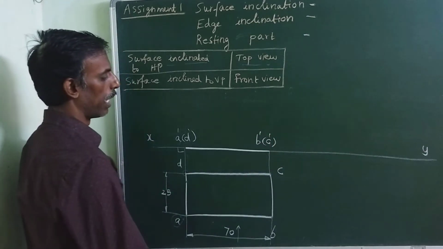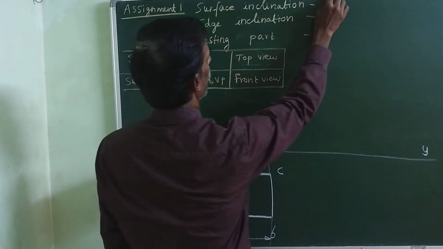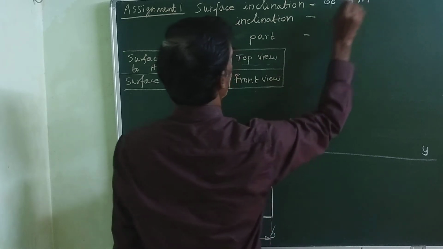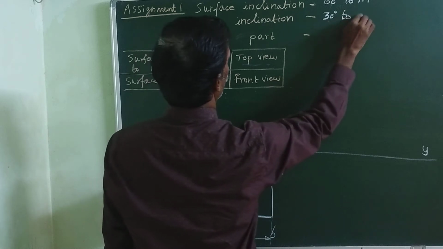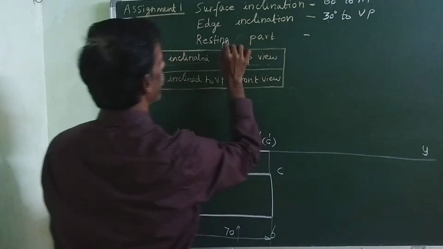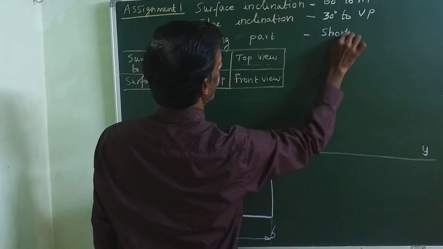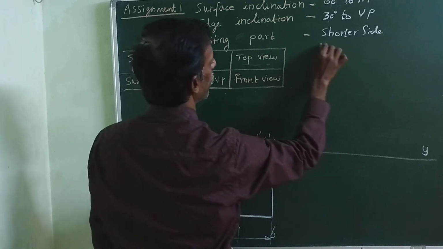Now in the second diagram, the plane is surface inclined 60 degree to HP. That's not given. Then edge is inclined 30 degree to VP. The resting part is shorter side.